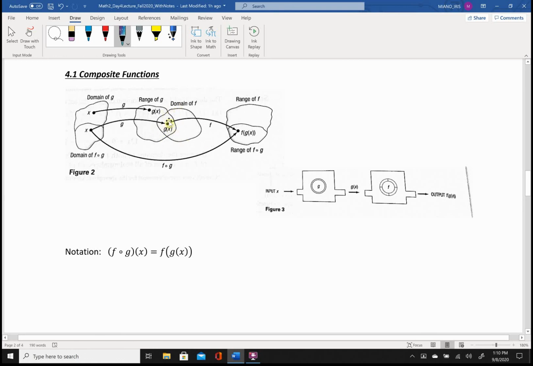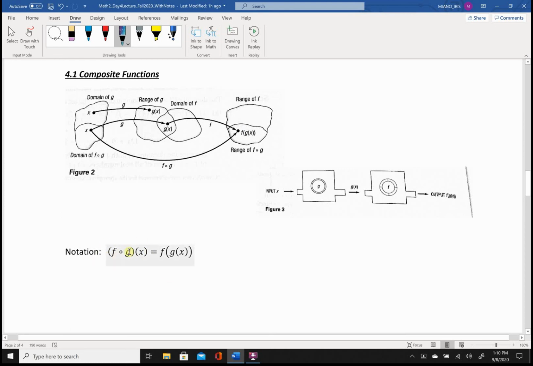Because if it's going to be inside of the f function, then that means that the output for g is an input for f. And then you have this going over to the f function, like the f function does something to that output of g, and then you have the value of f of g of x, or sometimes called f circle g of x. I don't know if that's anything that anybody's ever heard of.